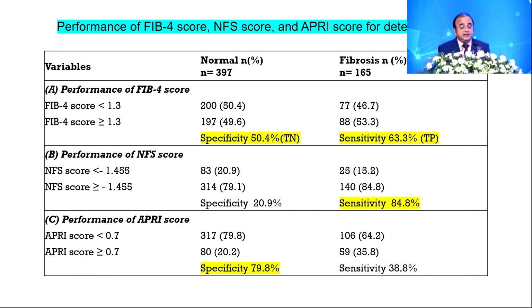If you look at the NFS, sensitivity is very high, but at the same time true negatives are also missed. And if you look at the APRI, the specificity is 79.8%. So in this data set we see FIB-4 is very simple to calculate, and 1.3 to 2.6 is the mostly used range.